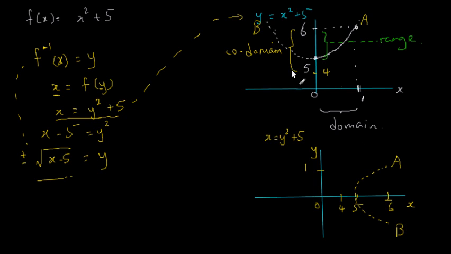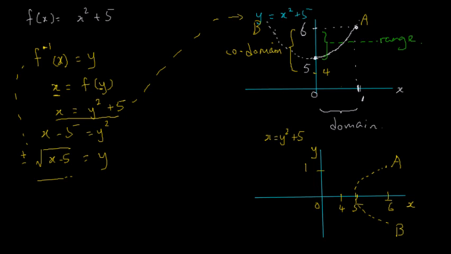Now how do the domain and the codomain come in? The domain here was 0 to 1. When we do an inverse mapping, the domain becomes the codomain and the codomain becomes the domain.